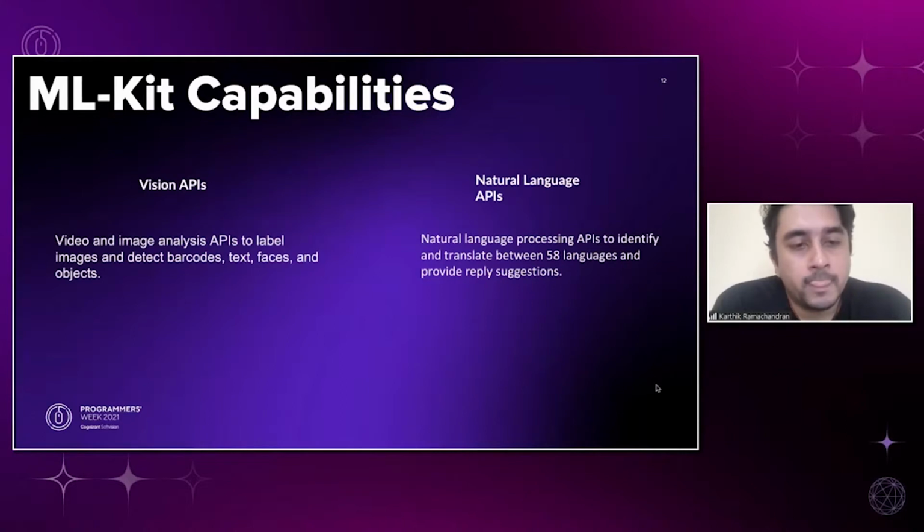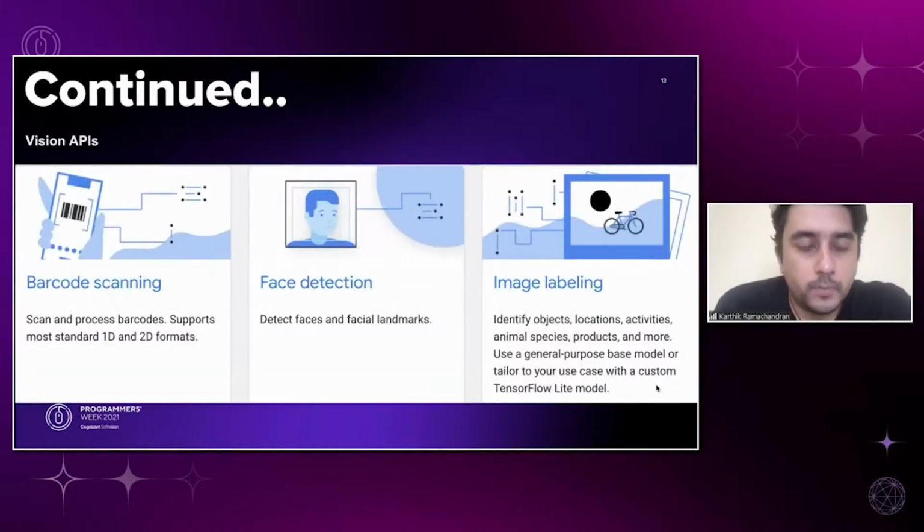Under the natural language APIs, there are things like text translation and entity extraction. Like I said, under the vision APIs there is barcode scanning, and for all the vision APIs, you'll have to use your phone camera.